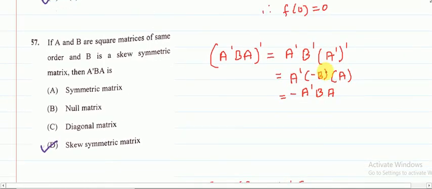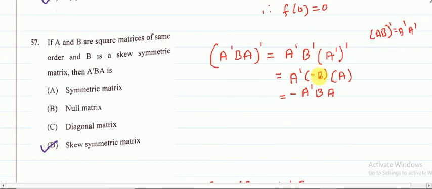A and B are square matrices of the same order and B is a skew symmetric matrix, then A transpose into B into A. Let us consider the transpose of this, because in the options we have symmetric and skew symmetric. Therefore, let us check the transpose of A transpose B A, which equals A transpose B whole transpose, which is B transpose into A transpose, the whole transpose, which is A transpose.